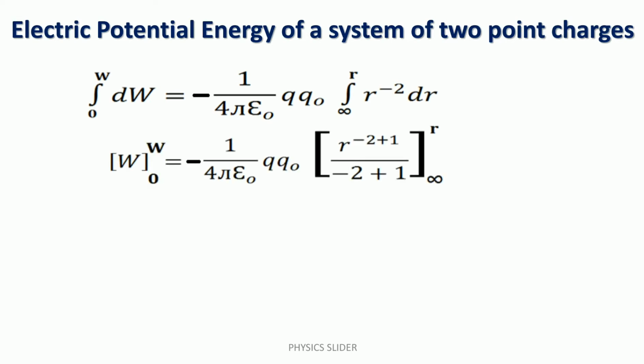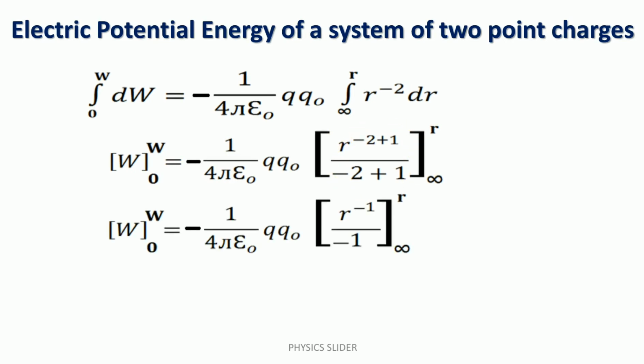So the integration of dW will be W with limits 0 to W, minus 1 upon 4 pi epsilon naught Q Q naught as it is, and here adding 1 to the power and dividing by the new power, with the lower limit infinity and the upper limit r. Now we will solve this one. The power of r is minus 2 plus 1, that becomes minus 1.